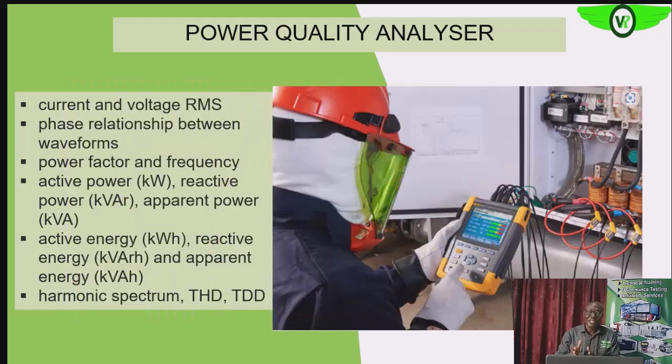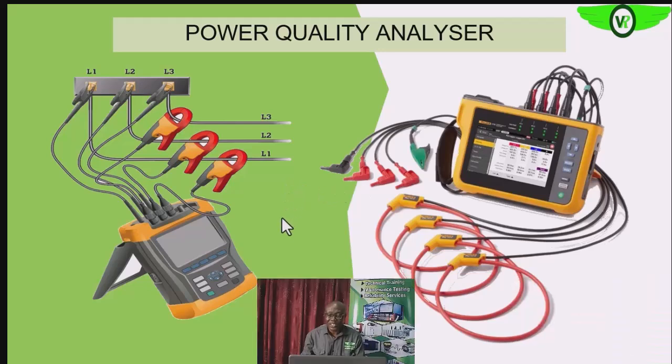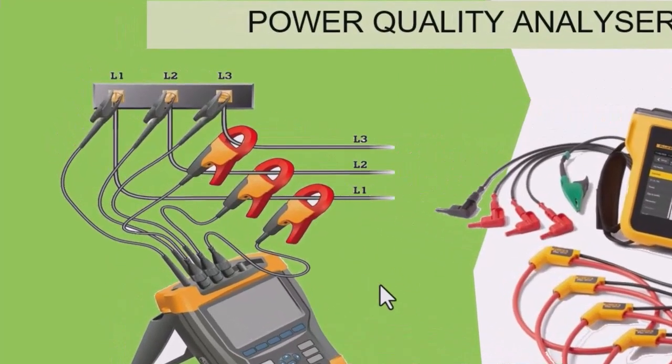So we'll see the contribution of each of these harmonics to the distortion. We'll see the harmonic spectrum and be able to know which of them is causing the problem in our system.